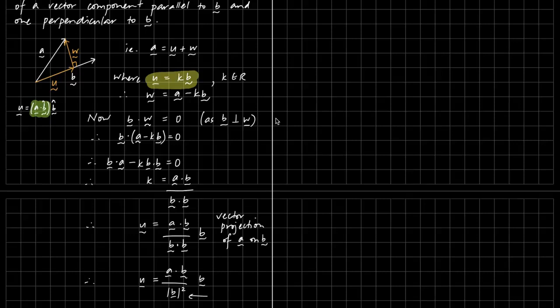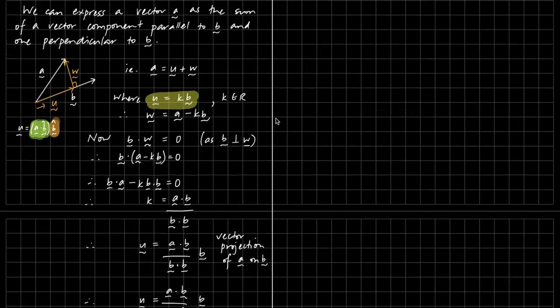Because we're saying it's that times unit vector b. So unit vector b, this second part of the expression here, is just a unit vector in the direction of b. Okay, so it's a vector of length 1. So therefore the magnitude of u must be the thing that I've highlighted in green here, which is a dot unit vector b.